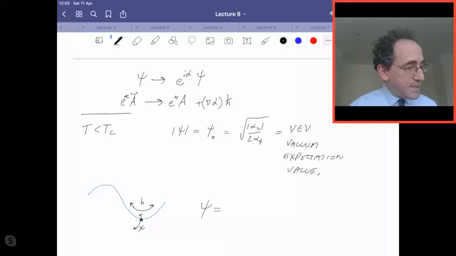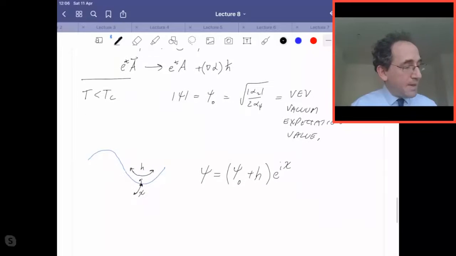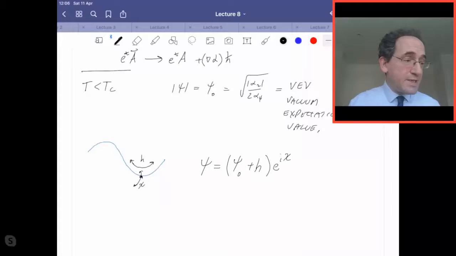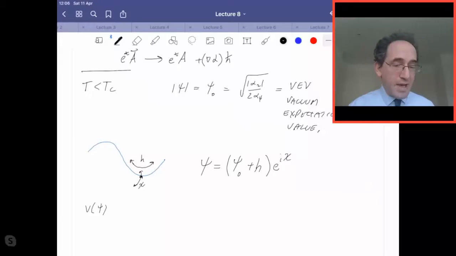So here we'll write psi is psi naught plus H, both real fields. Well, psi naught is just a constant, H is a real field here, times e to the i chi going around the rim. Now we want to rewrite our free energy, or let's just rewrite V of psi in terms of psi naught and H. So we can write it out as alpha 2 times (psi naught plus H) squared plus alpha 4 times (psi naught plus H) to the fourth.